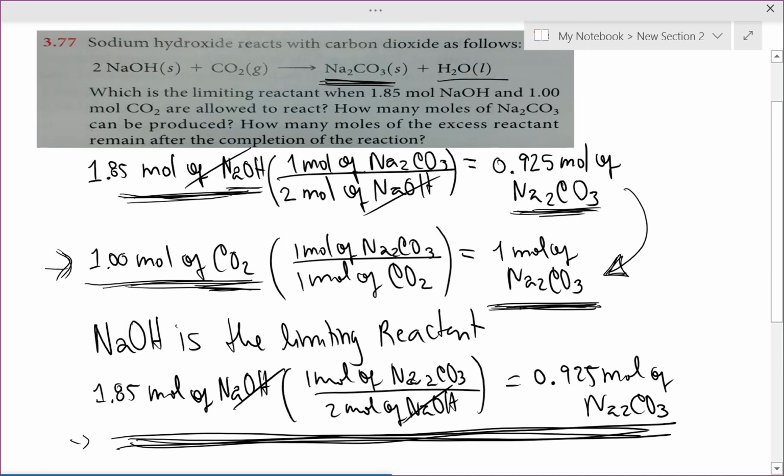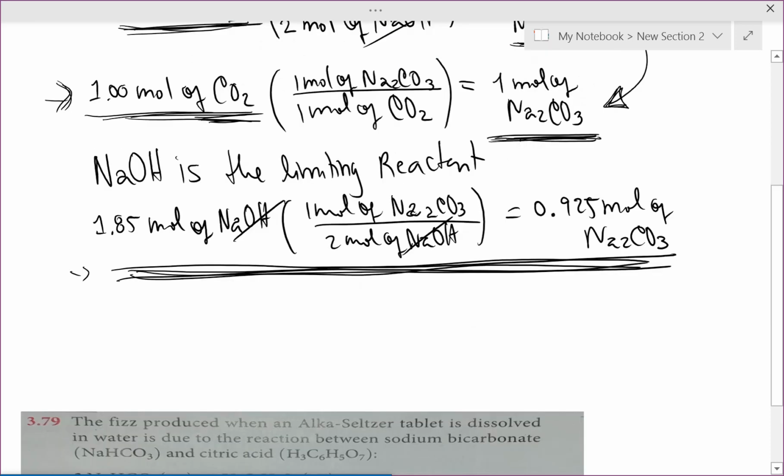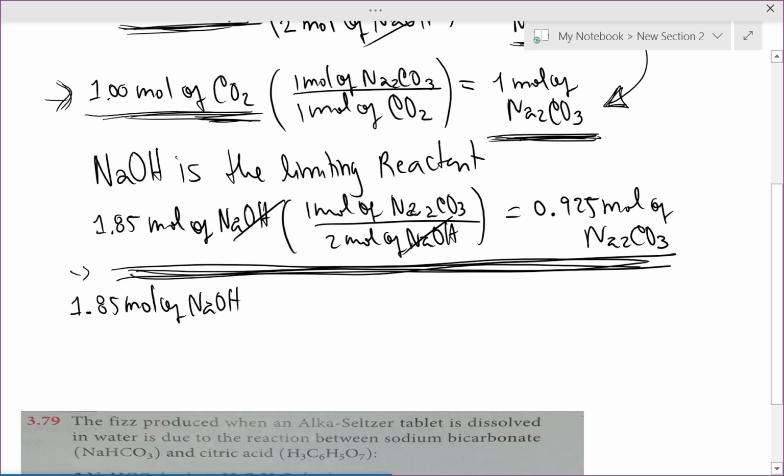And then how many moles of the excess reactant remain after the completion of the reaction? So as we know, in this case the excess reactant is going to be the carbon dioxide. So we have to use the 1.85 moles of sodium hydroxide in order to get the moles of carbon dioxide.